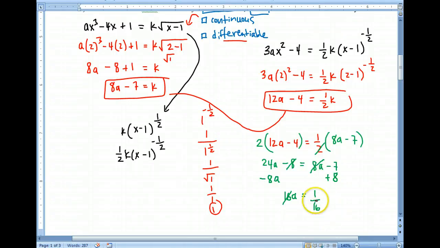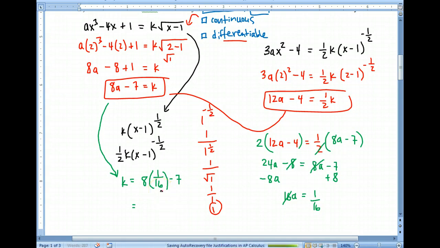How do I find the k value? Come down here, plug in the value of a. So k is going to equal 8 times 1 over 16 minus 7. 8 over 16 is, 8 and 16 cancel out partially, so that I'm reduced to 1/2 minus 7.